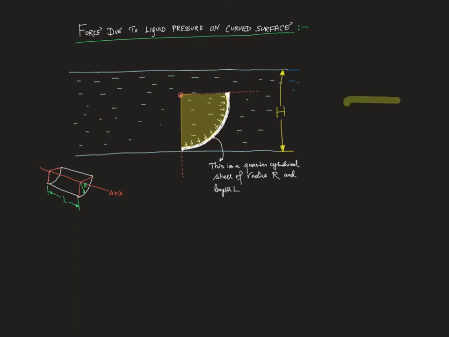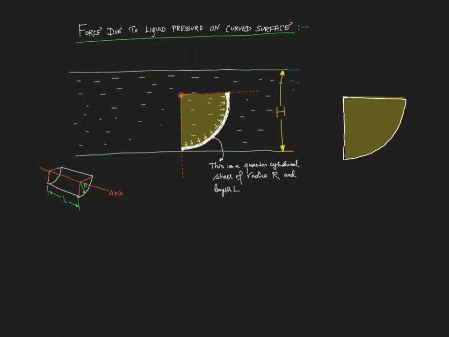Just here. So what I have drawn here is the free body diagram of a certain portion of the liquid itself, right? We have not included the curved surface, that's the liquid itself.